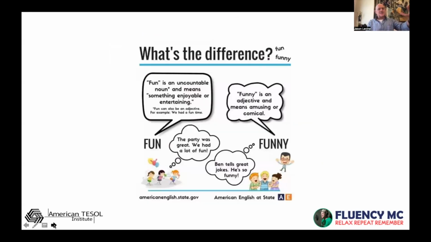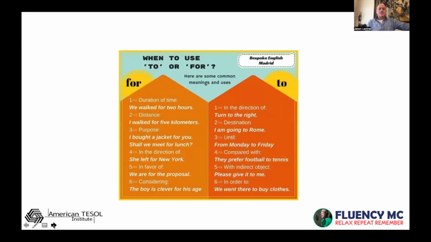And a clear explanation could really help. But again, are you going to use them more naturally, more accurately, more frequently with just an explanation? That's the issue.